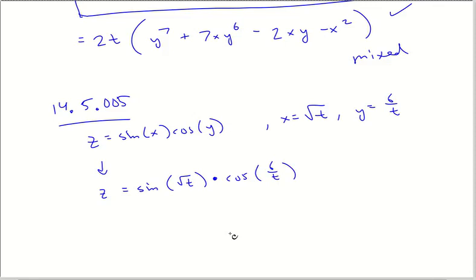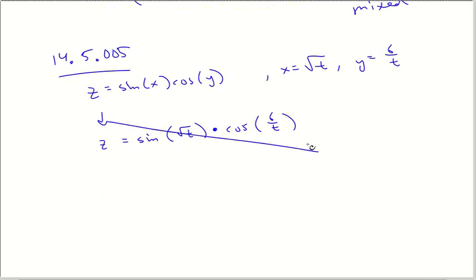It would be kind of interesting to take. You would just say z prime equals, and then just go and do it. That's not bad. You can see it's just going to be a product rule with a lot of chain rule and all that stuff. I'm not going to do it because I want to practice this other way for a little bit. So I'm not going to do this, but we could if you wanted to. Okay, that's not wrong. It's just that I'm not going to choose to go that route.